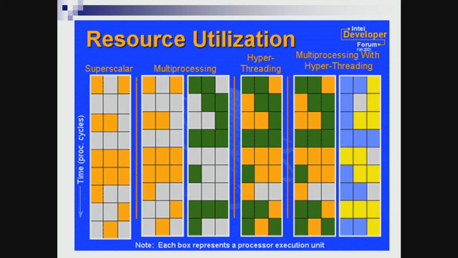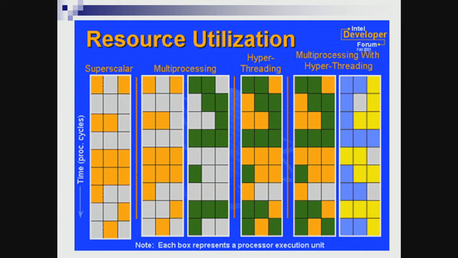In the superscalar on the leftmost, you can't run the green process while your yellow process is executing. Now if I have multi-core or multi-CPU, I can run both. But have I reduced the number of empty slots? Actually, by going from superscalar to multiprocessing, I have doubled the number of empty slots.